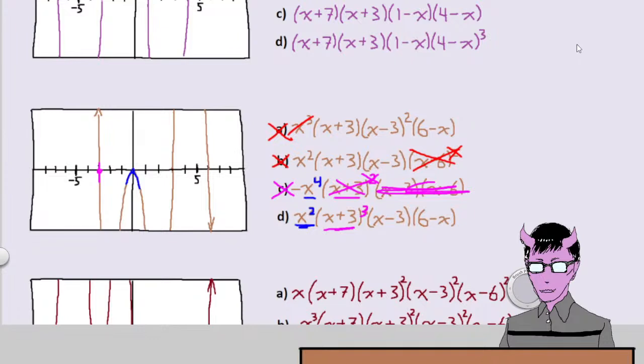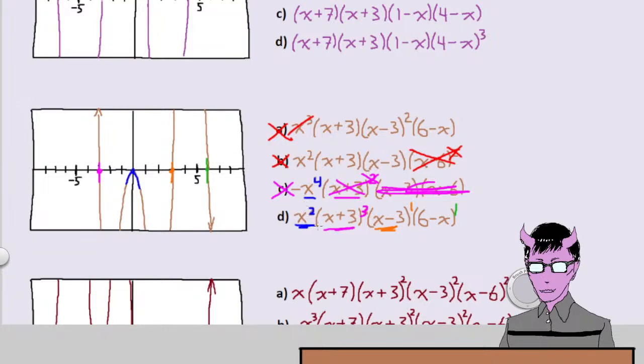Next one up we have odd multiplicity at 3. So 3, 0 is a pierce through. Yes, this is consistent so far. And lastly we have odd multiplicity. That's good because we have a pierce through right here. But let's make sure we check the end behaviors now.